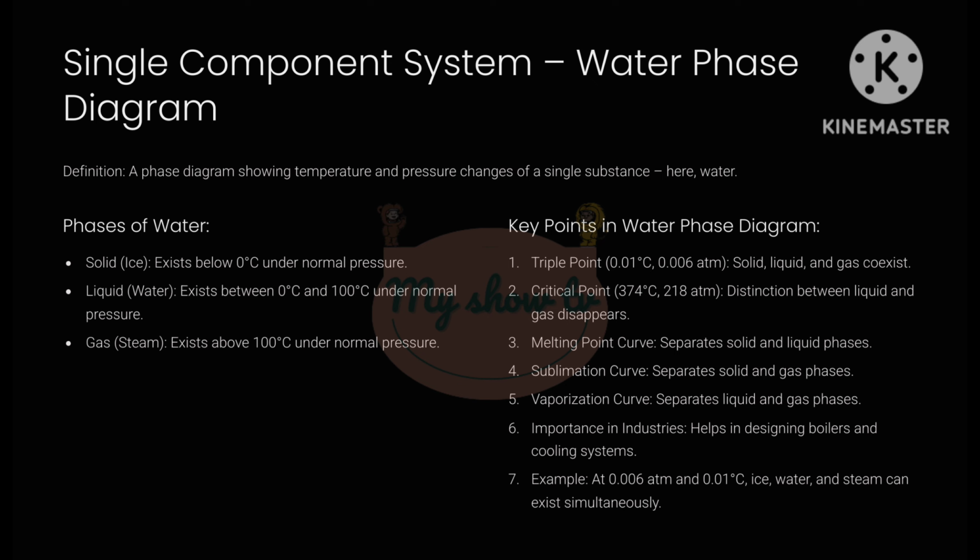Significance in boilers, by knowing the vaporization curve, we can prevent steam formation at undesired points, ensuring safe boiler operation. 7. Example, if a steam generator operates at 200 degrees Celsius and 150 atmospheres, it is in the supercritical region, meaning water behaves more like a dense gas than a liquid.